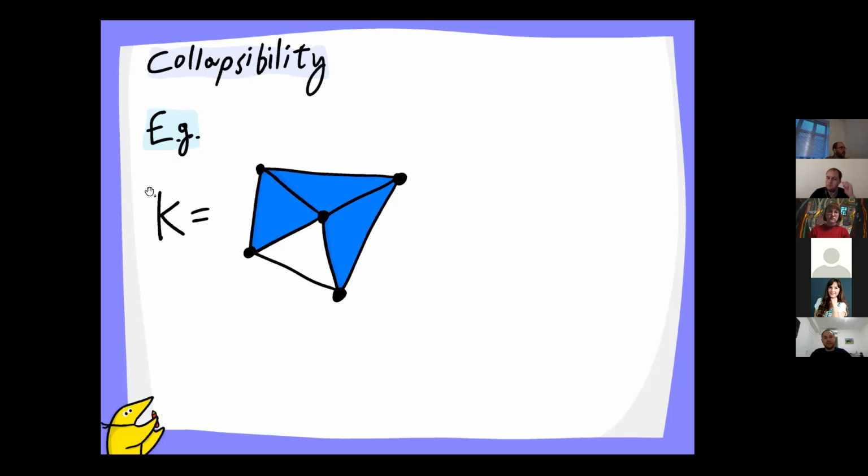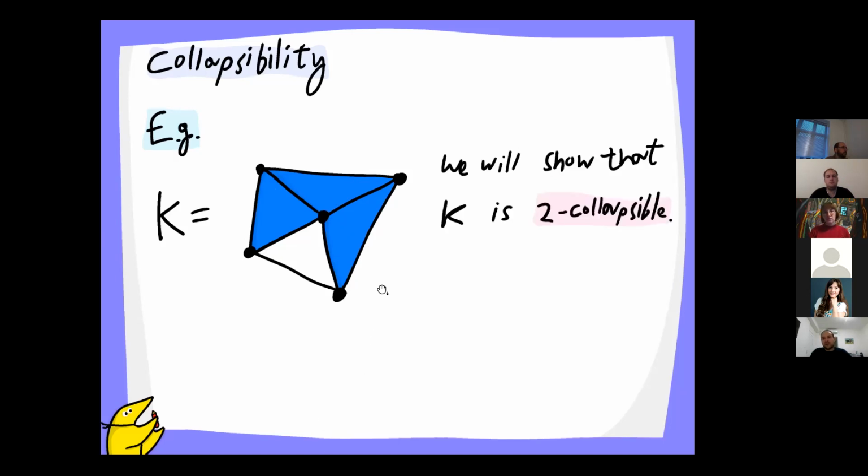For example, if K is this complex here, we can show that K is not 1-collapsible, and the reason is that there are no possible elementary 1-collapses to perform, because any simplex of size 1, any vertex, is contained in more than one maximal face. But it turns out that this complex is 2-collapsible.